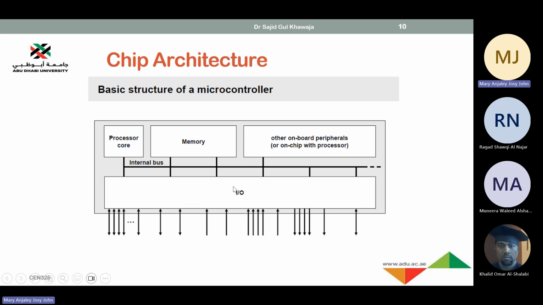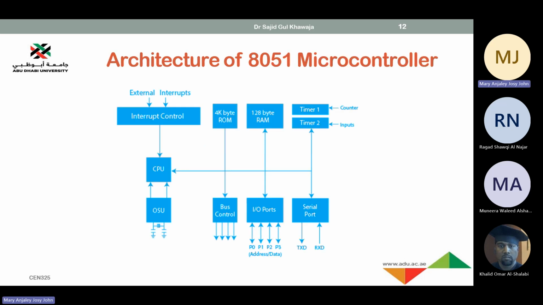But we are saying if we have an input-output port, we connect the input-output devices to it, and they are also connected by the buses. Just a normal thing we are learning. Now, this is something we would write again to know a bit deeper.